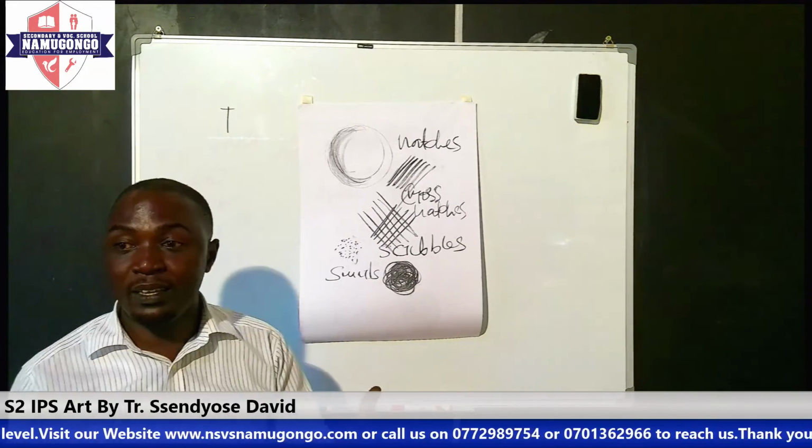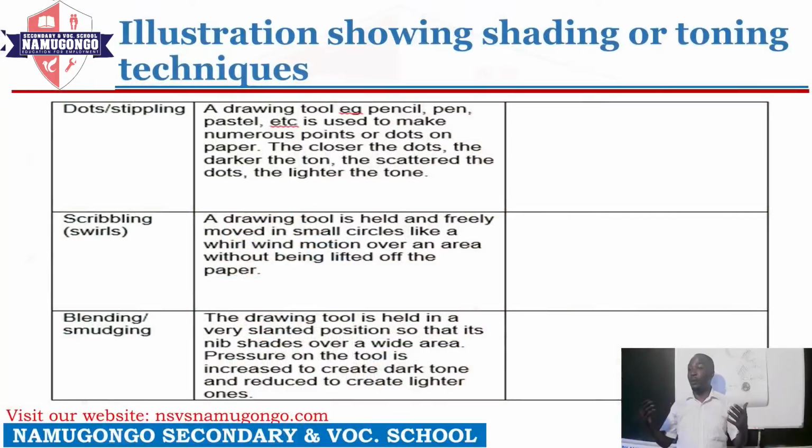Then lastly, we have the technique of blending. Remember I told you that when we are coming up, we are using this technique. In most cases, we are supposed to rub our drawing tool. This is my drawing tool. You're supposed to rub it on a piece of paper or a drawing pad.